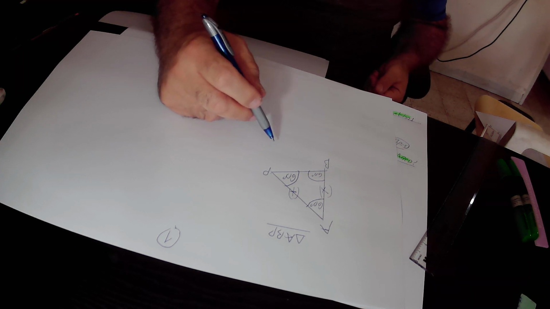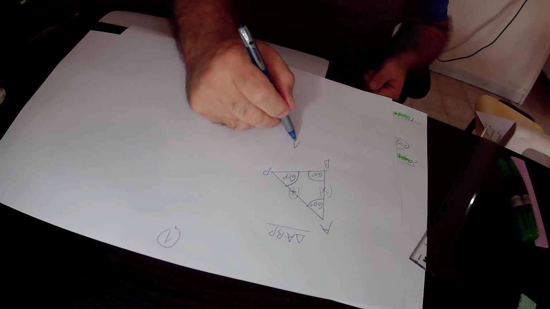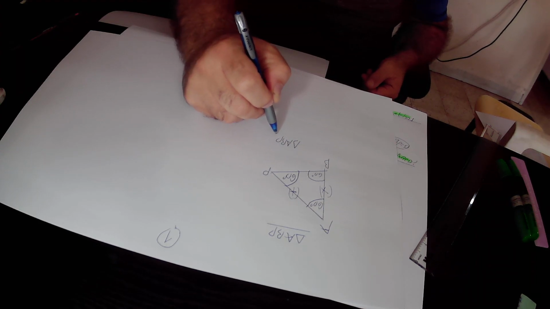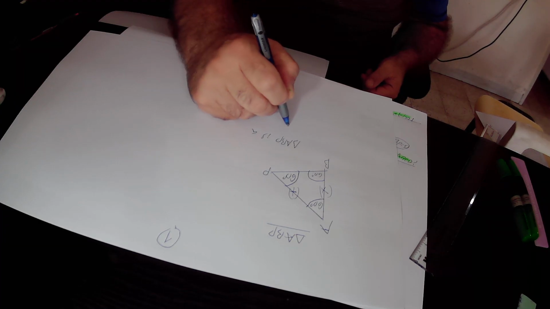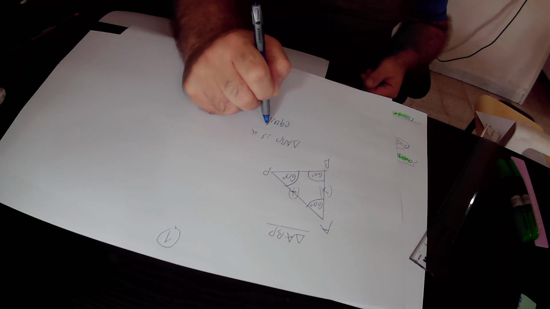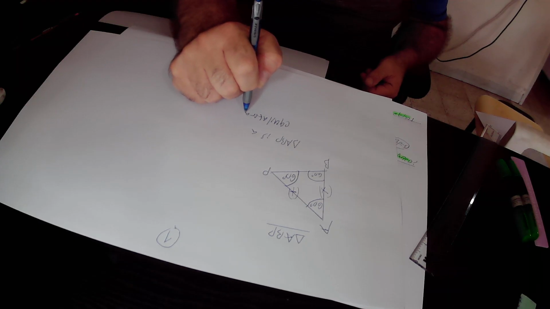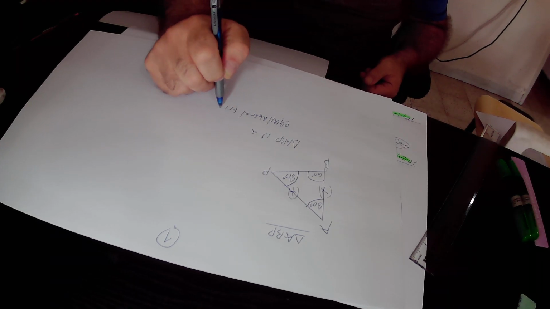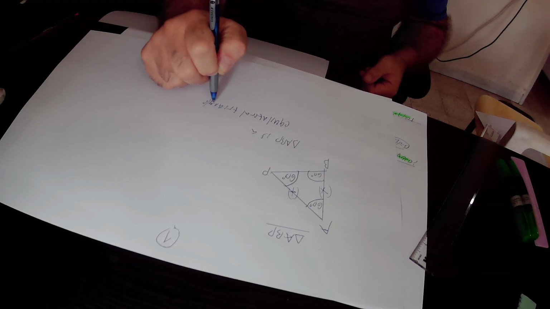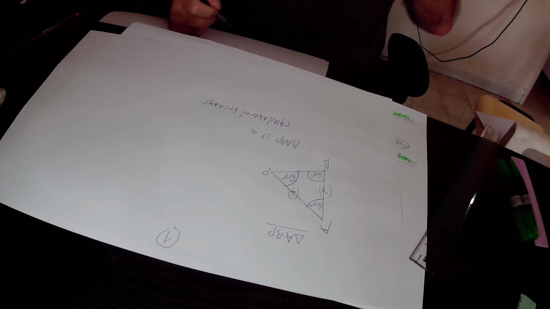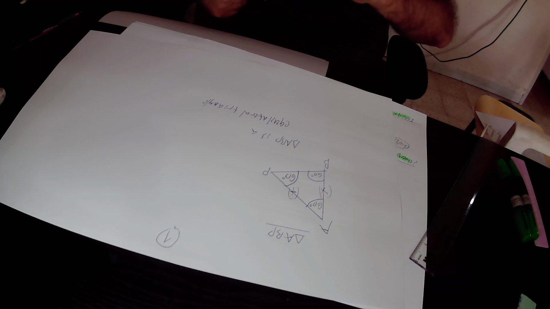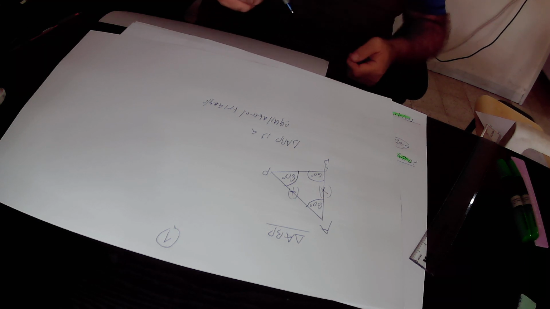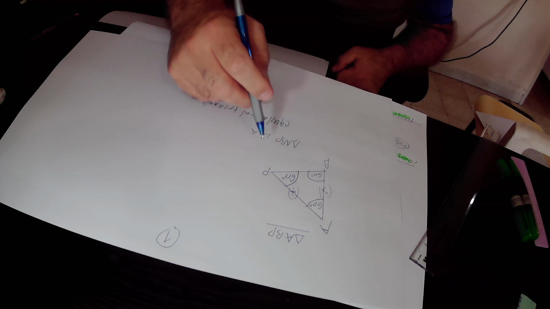So in triangle ABP, we have three angles that are all equal to 60 degrees, and therefore, triangle ABP is an equilateral triangle. Once we know that all the sides of any equilateral triangle are equal to each other, AB equals BP equals AP.